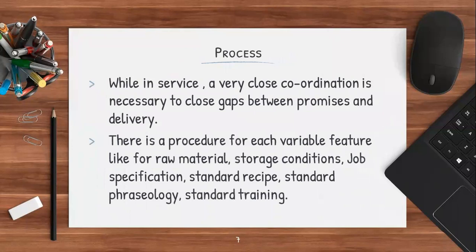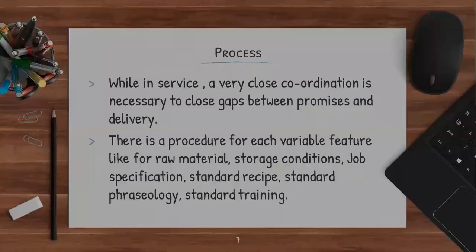There is a procedure for each variable feature like raw material that we are issuing or receiving, storage conditions of the same, job specification or job description, standard recipes, standard trainings, and many other such procedures.